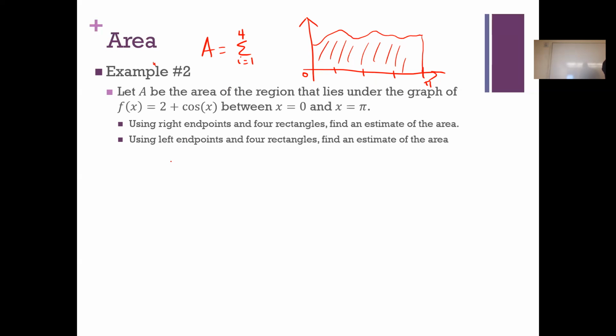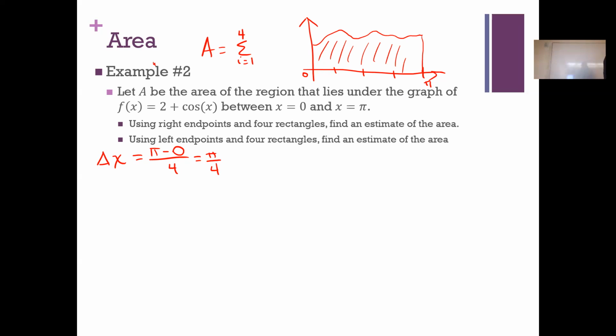Pi over 4. So that gives us one of our parameters. Delta x is equal to pi minus 0 over 4, which is equal to pi over 4.